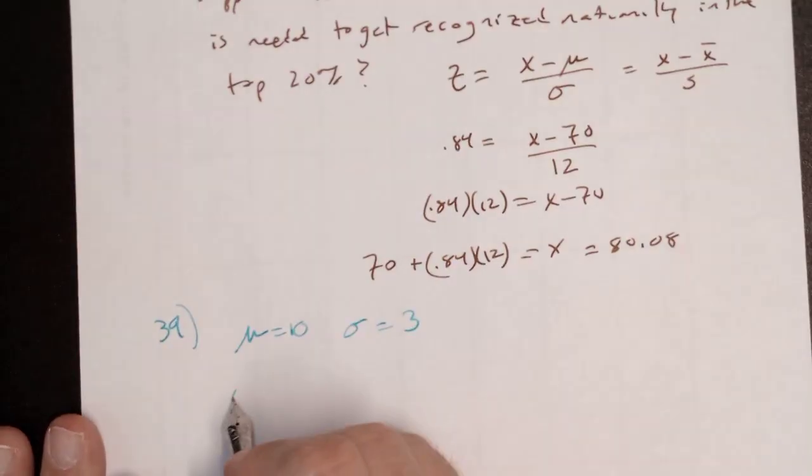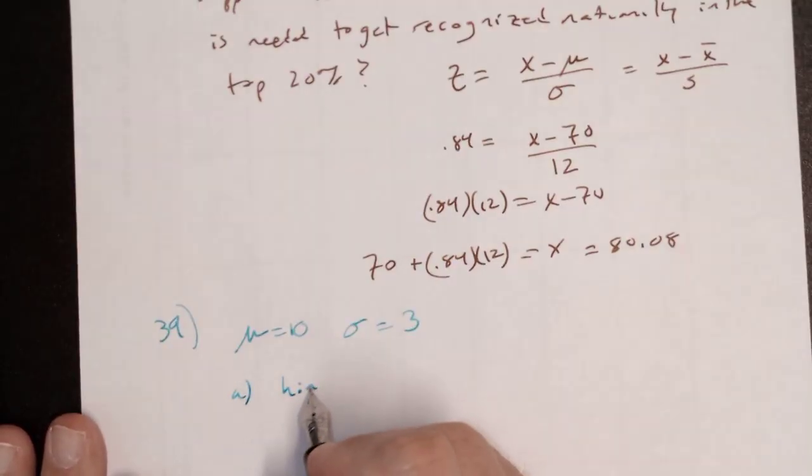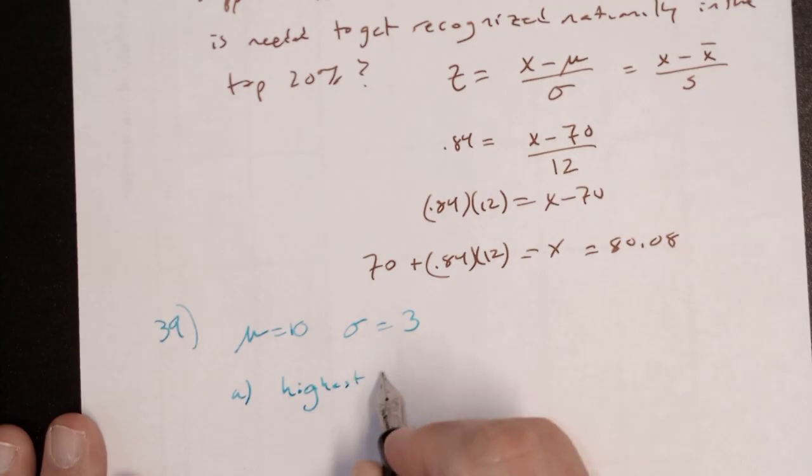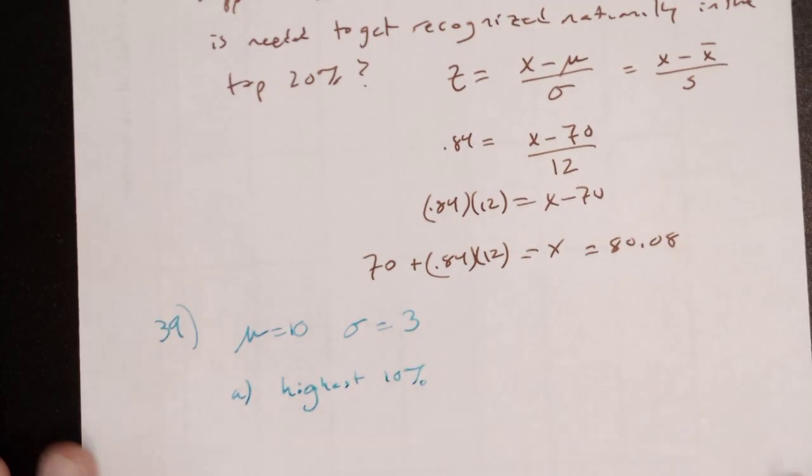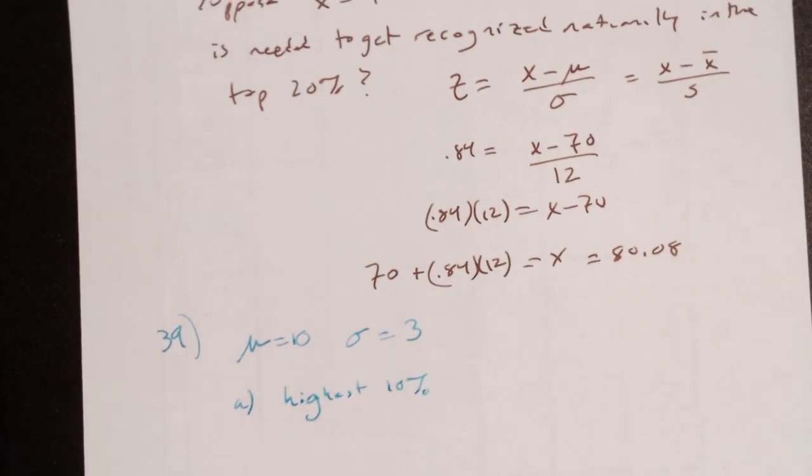Find the time to be within the highest 10%. Before we actually find the value, tell me what I need to do.